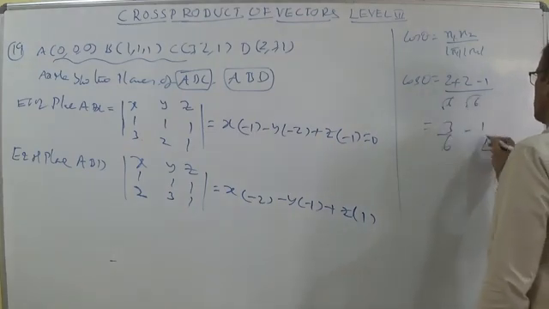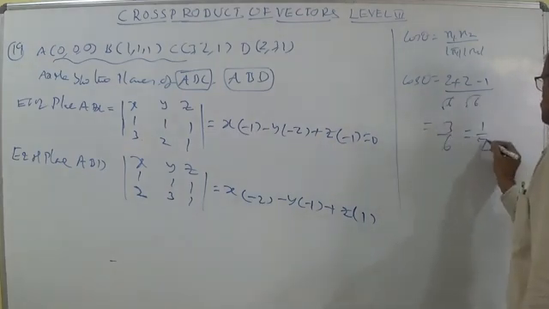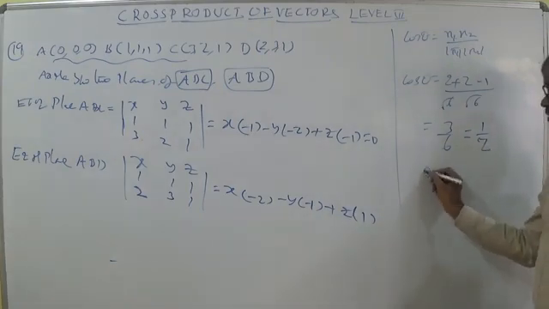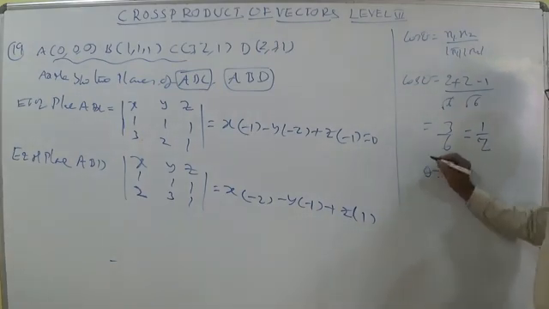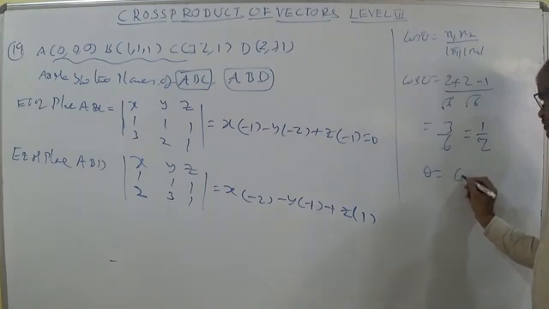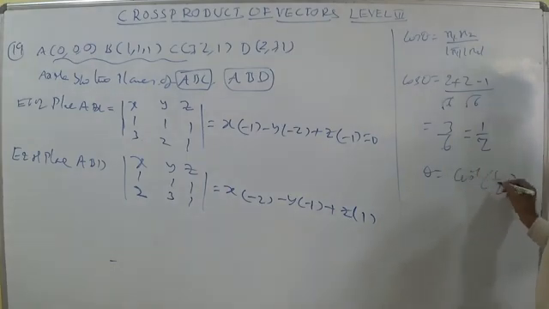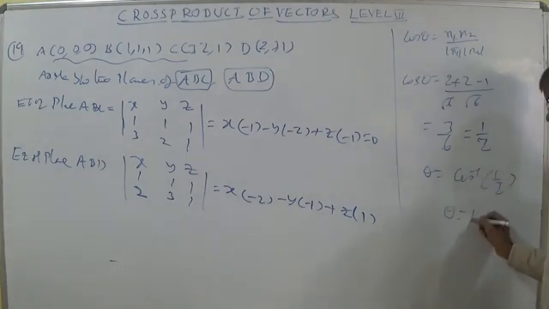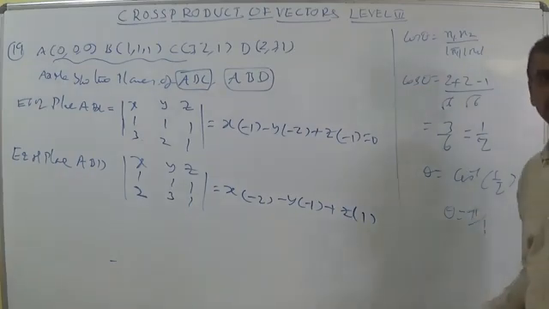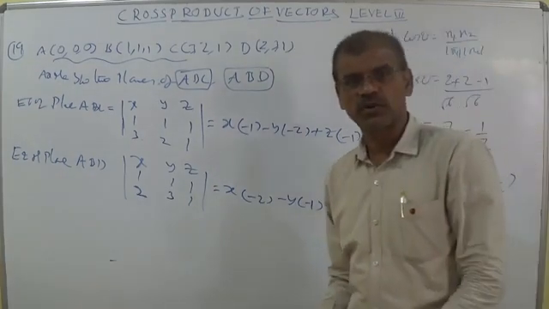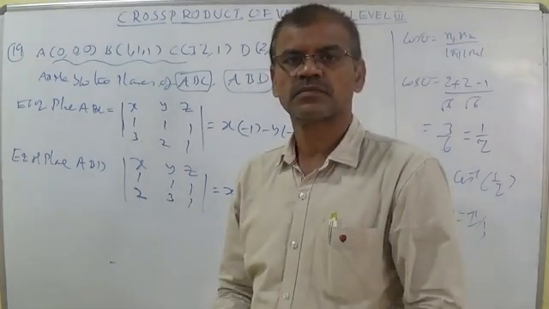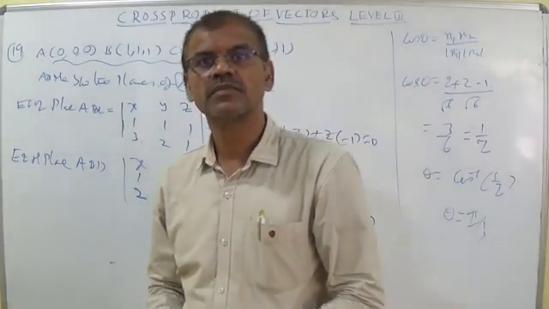So 3 by 6, that is 1 by 2. Whenever cos theta is equal to 1 by 2, theta is equal to cos inverse of 1 by 2. So theta is equal to pi by 3. Okay, stop now. You will continue tomorrow.